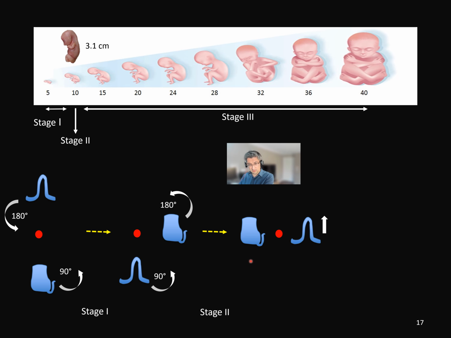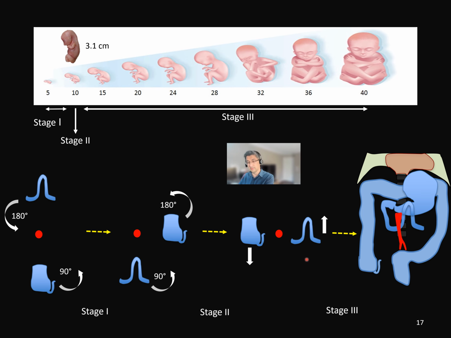After this, stage 3 starts and continues until birth, and the cecum descends and the DJ loop ascends and reach their final anatomic position.